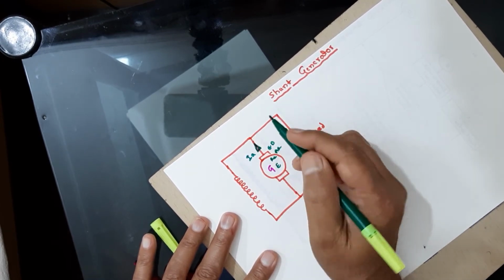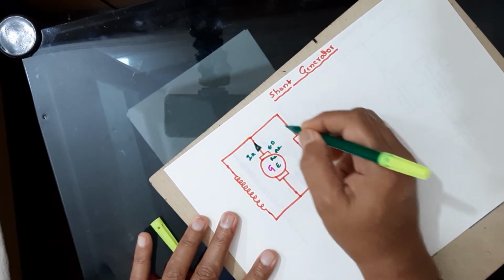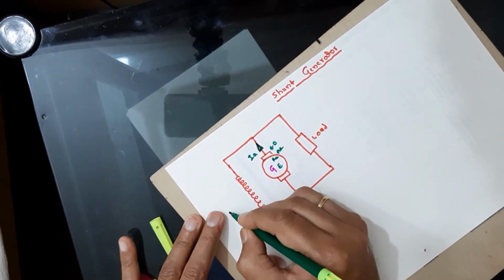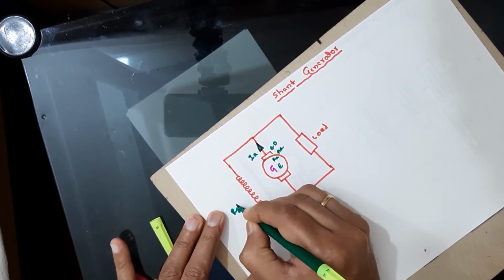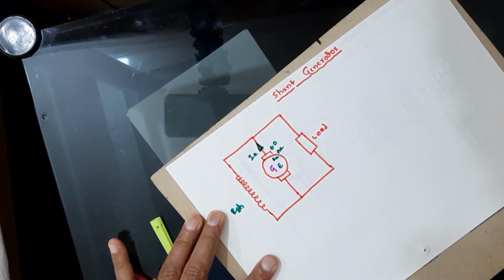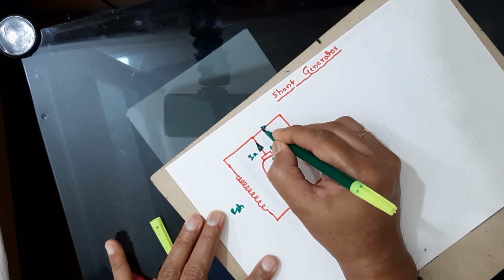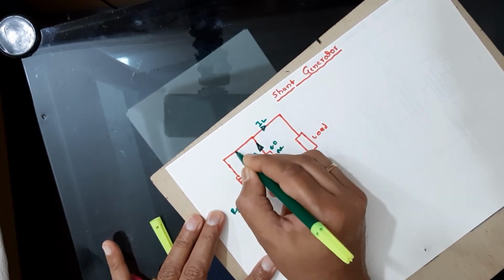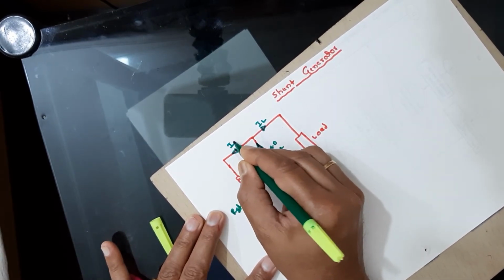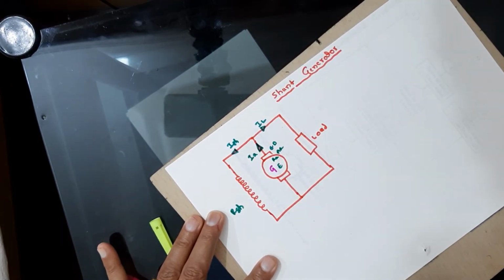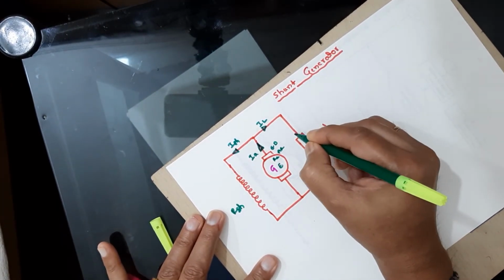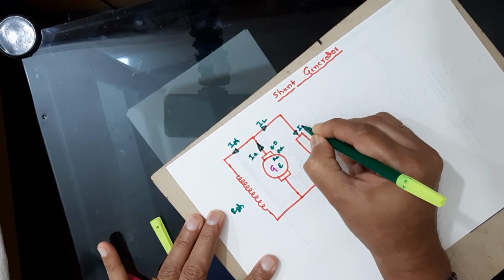At this junction, the IA has got two paths. One is through the load, the other one is through the shunt field. That is shunt field resistance I am representing as RSH. Here the current has got two paths. One is IL, the other one is ISH. Then the current which is flowing in the load is IL.